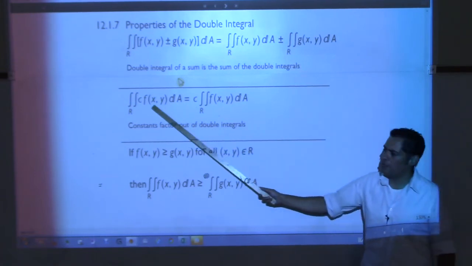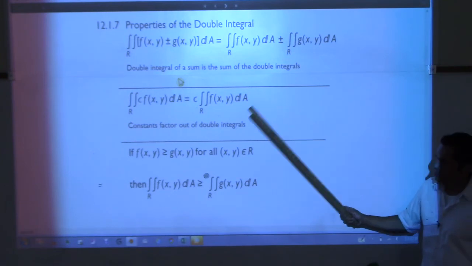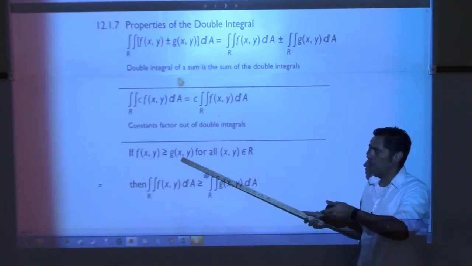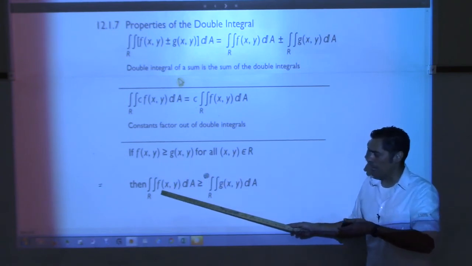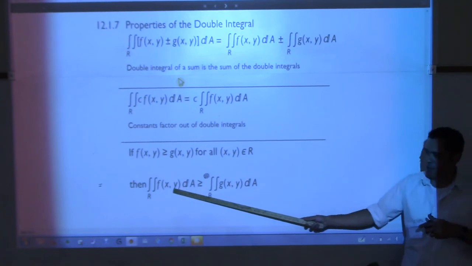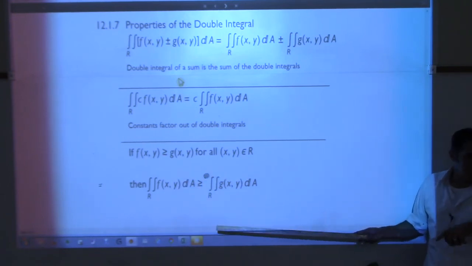If you have a constant, the constant can come out. If you have a surface that is always above another surface, then the double integral of that surface should be bigger than or equal to the other surface. So the volume under F should be bigger than the volume under G if F was always above G.